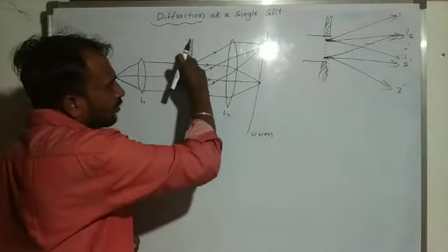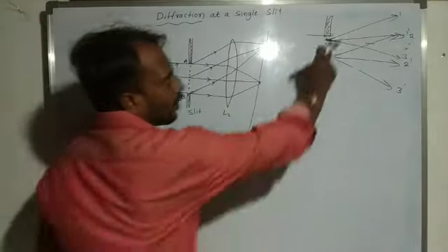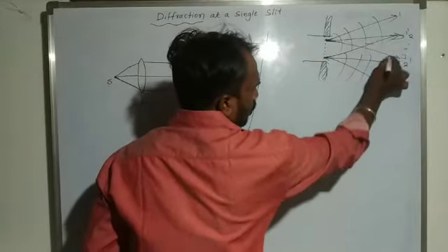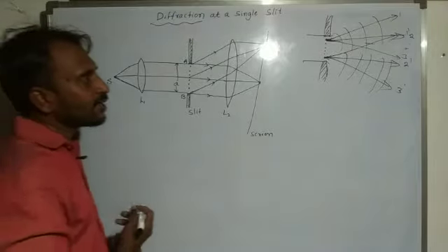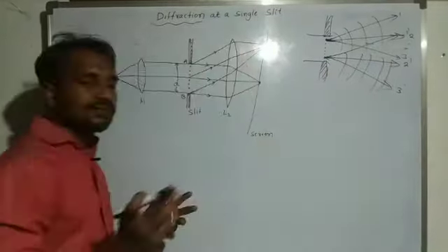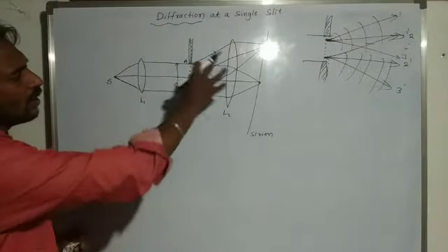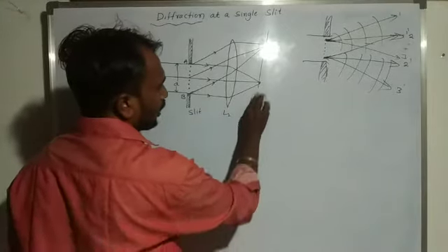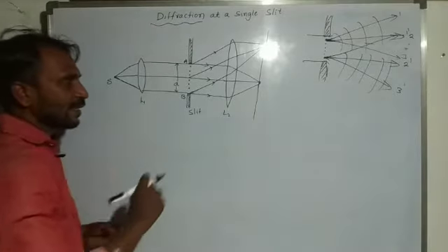By using these points, we get secondary wavelets, already shown in the diagram. A perpendicular line drawn to these secondary wavelets is what we consider a ray of light. So this one is the diagram. In that diagram, there is a slit, lenses, and here we consider a screen.